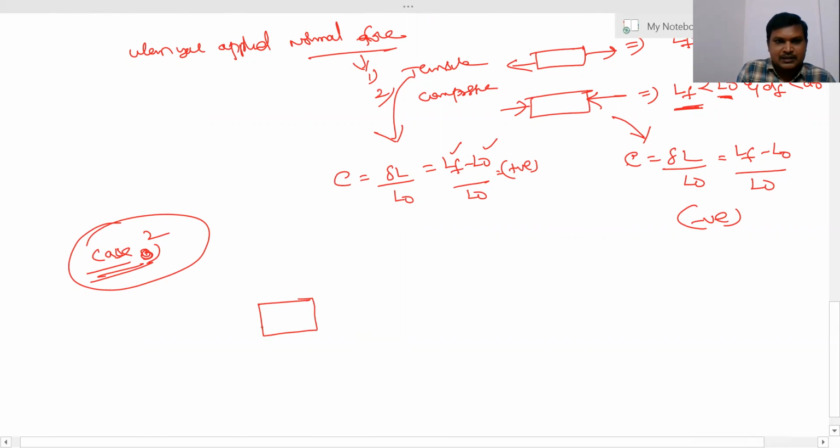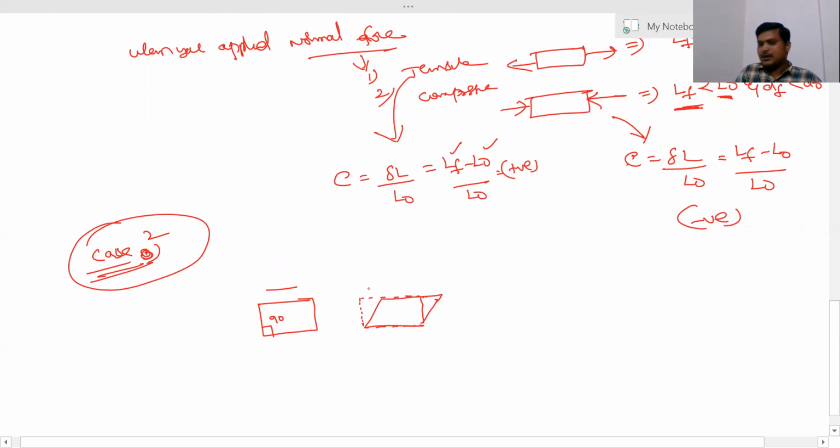Initially, this is 90 degrees. When you apply the force on this member, what happened? This is the initial member, and it changes like this.